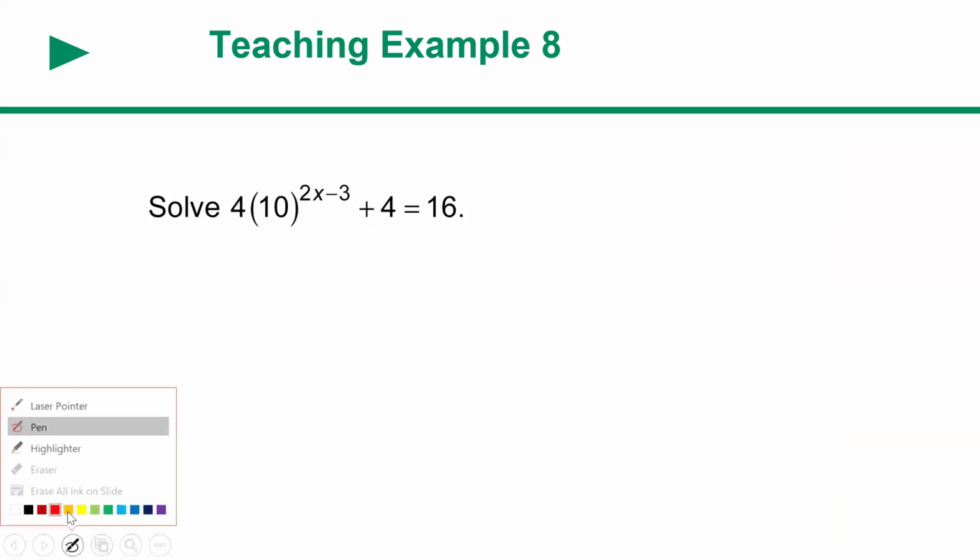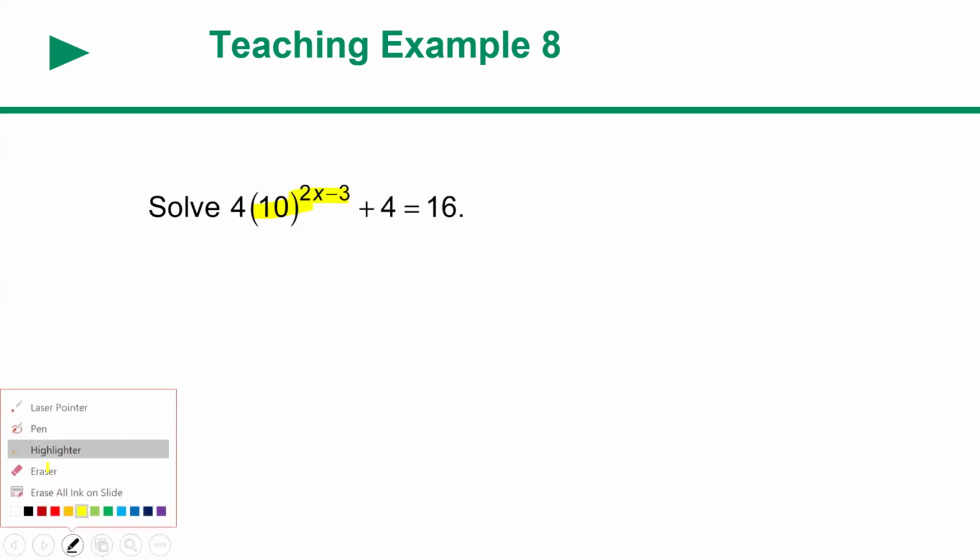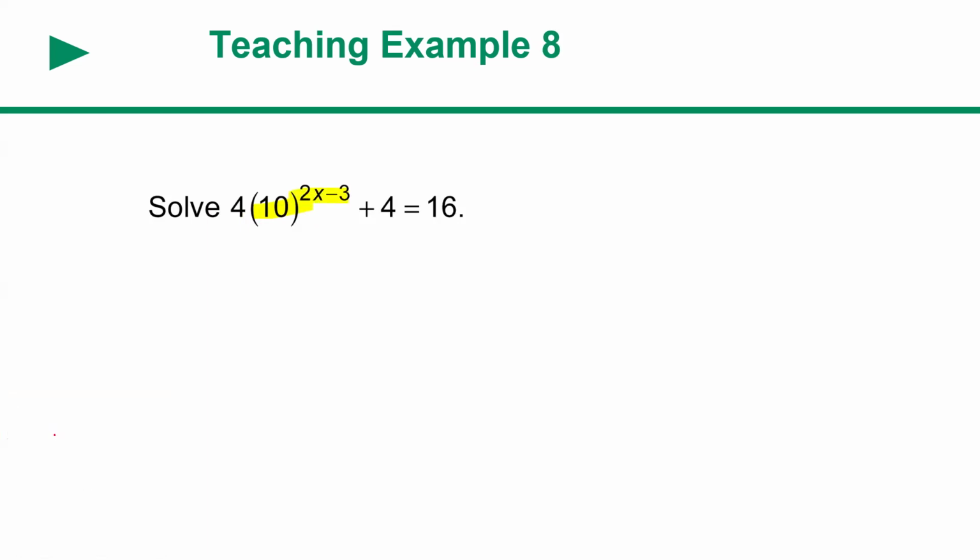The first thing that you have to do is get your exponent by itself. So in order to get your exponent by itself, what do I need to do? Minus 4. I'm going to subtract 4 first.